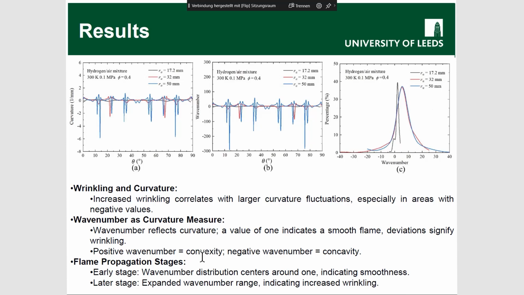The positive wave number means convex, and the negative wave number means concave. At the very beginning, the wave number distribution is centered around 1, which means the flame surface is smooth. When the flame propagates, the wave number range expands, which indicates increasing wrinkling.